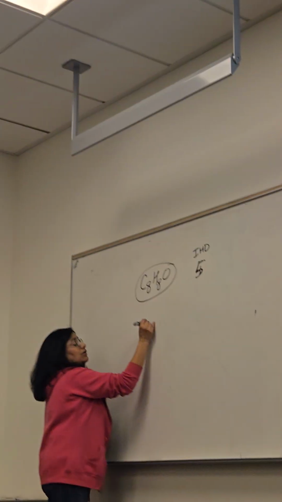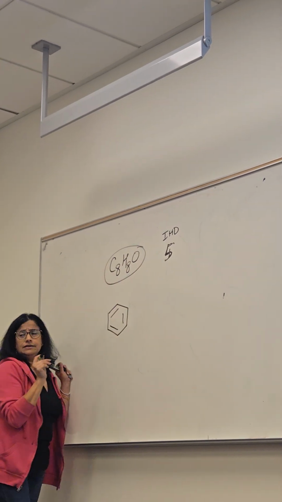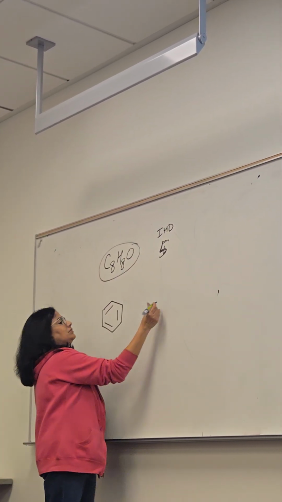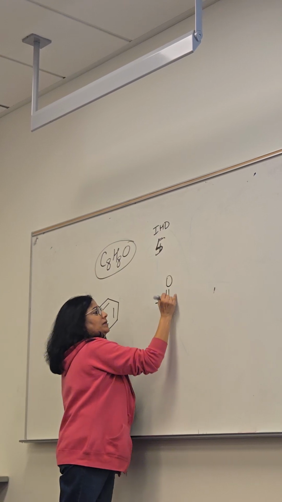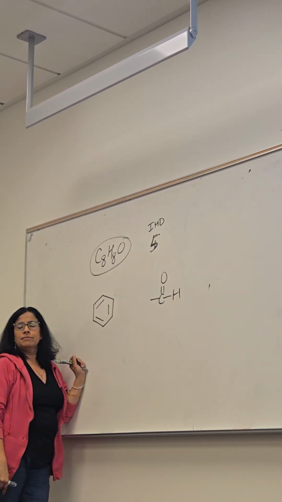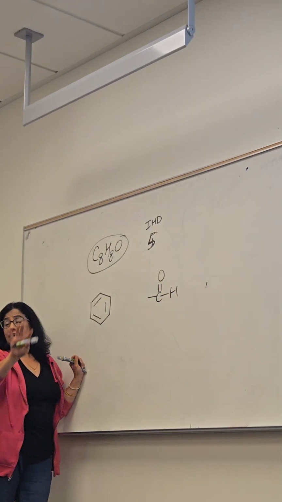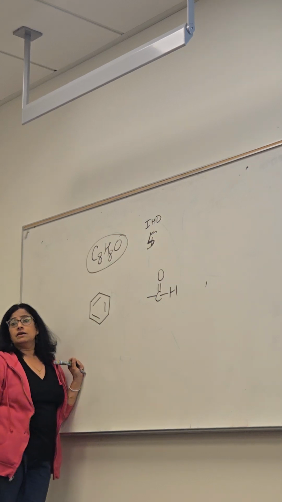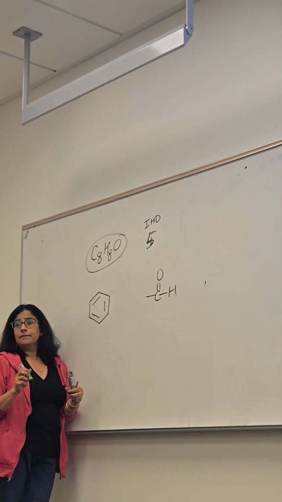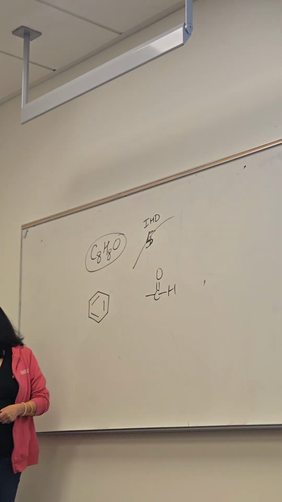We've already figured out that there's some kind of a benzene ring in there. What else have we figured out? There's an aldehyde group in there. How many IHDs gone? 4 here, 1 right there, 5 IHDs taken into account. Are you all seeing that?